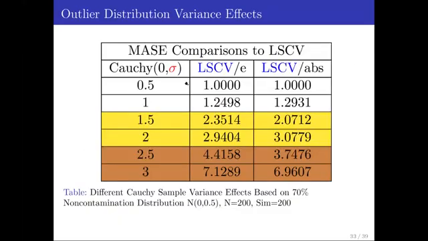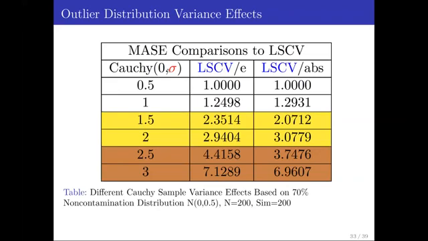And this next table gives you a general impression of how a robust function can help you improve the performance of the LSCV. So we see that suppose you have a case where 70% of the error term comes from the normal distribution with sigma equal to 0.5, and 30% of your outliers come from the Cauchy distribution.